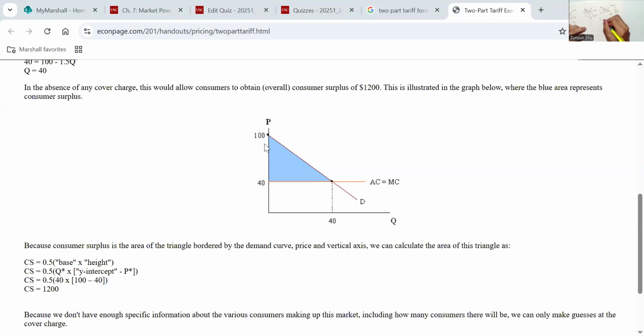But I say it might just be your total surplus, or your total profit, i.e. producer surplus with a two-part tariff, minus your original producer surplus, and I feel like that might give you the CS.